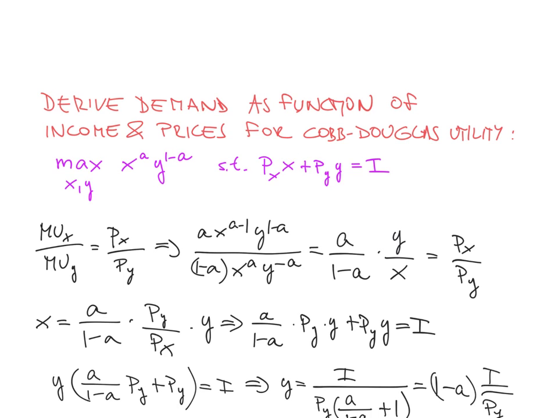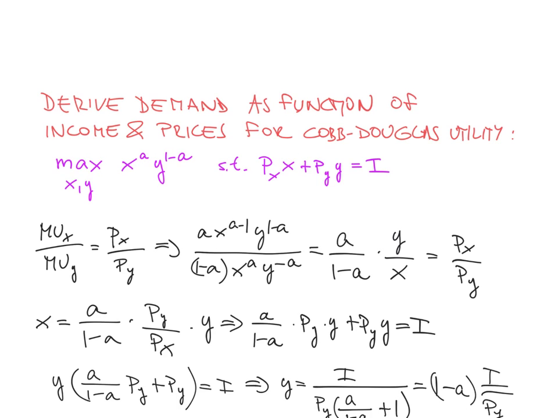From our point of view, we are not fixing them, because we want to see how demand would change as you change px, py, and income. So what you would say is those are parameters in this problem. X and y are really the variables. But those px, py, and income are parameters, and we are leaving them as parameters so that we can see how demand will change when you change those parameters.